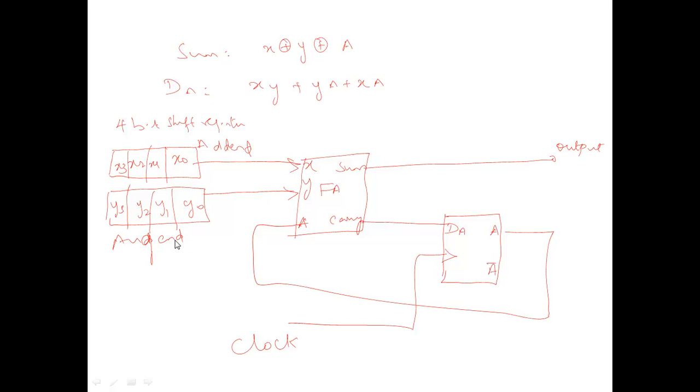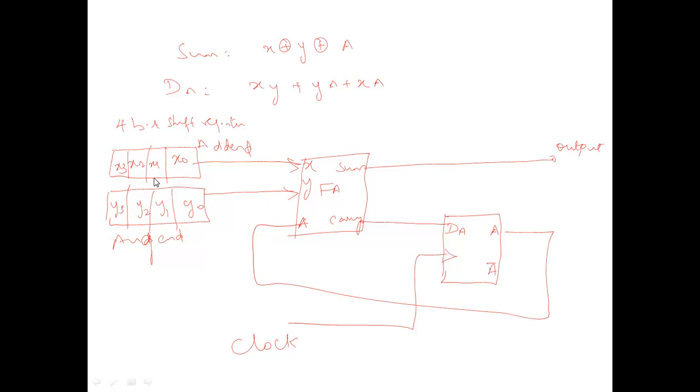So already we know what is the operation of the shift register. For every clock pulse, right shifting will be taking place. At the first clock pulse, X0 and Y0 will be fed to the input X and Y of the full adder. Initial carry will be given to the carry input of the full adder. Sum will come out and carry will be given to the register, which is acting as a carry for the next stage.